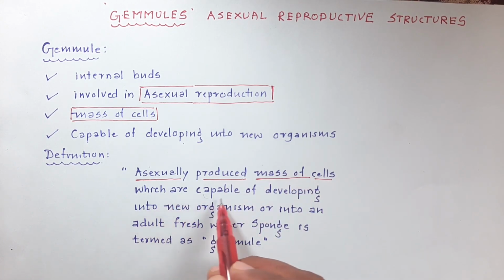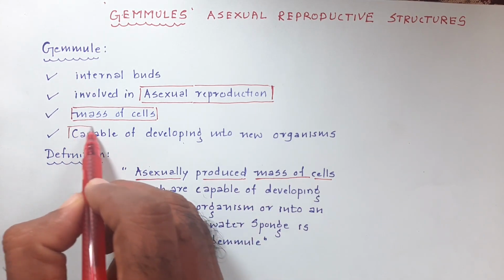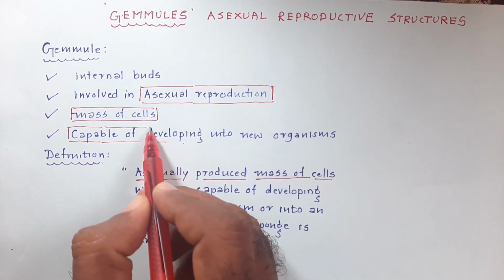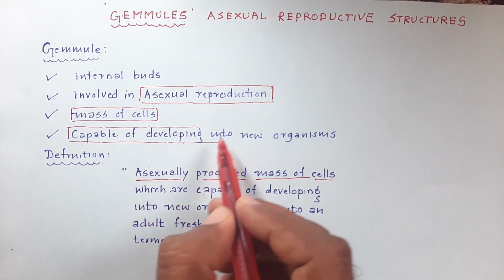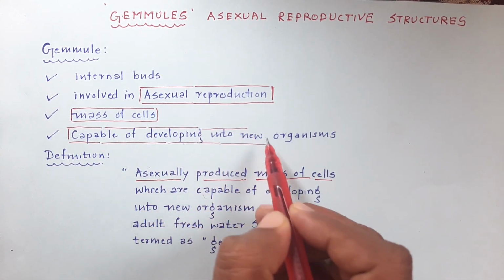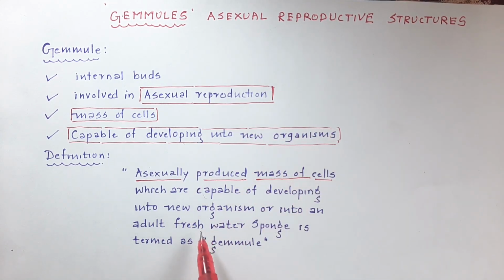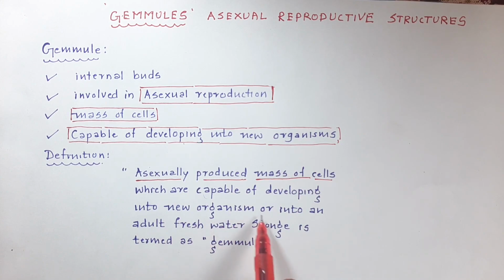Then which are capable of developing into new organism. So this point, these are capable of developing into new organism, is considered, and that same point is used in the definition. So developing into new organism or into an adult freshwater sponge is termed as gemmule.